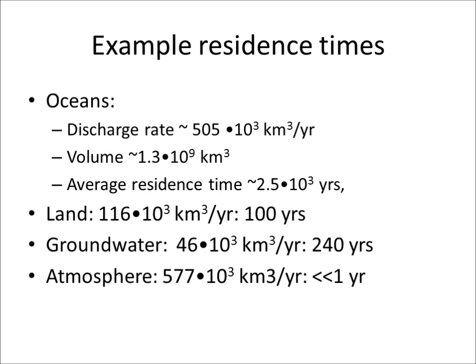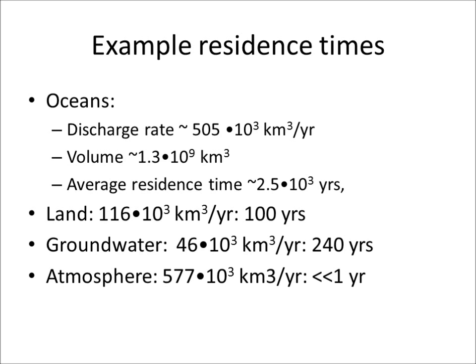Here are some example residence times. In the oceans, the volume is 1.3 times 10 to the 9th kilometers cubed. The discharge rate, primarily through evaporation from the ocean surface, is estimated to be about 505,000 kilometers cubed per year.